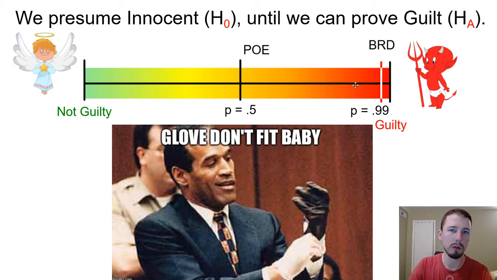But in criminal court, because now we're talking about jail time, maybe 25 to life, or a death sentence, we have a higher burden of proof, and it's beyond a reasonable doubt.